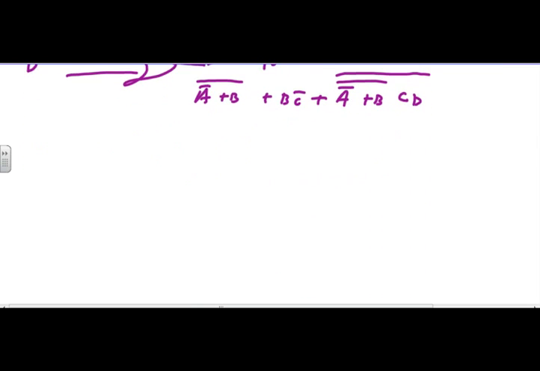Okay, so that's what I'm working with. I've got A double knot B knot. I've got B C knot. I've got A knot or B double knotted or CD knotted.